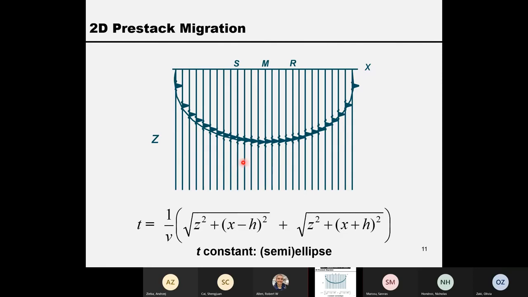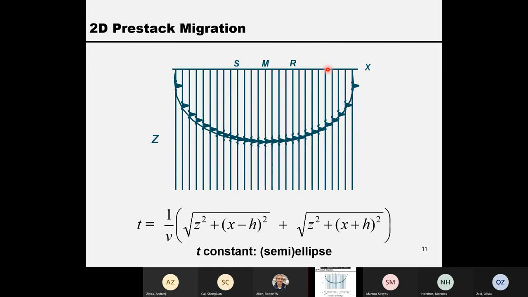So we're talking about if source receiver on that profile, source receiver offset is constant. We call it constant offset profile. For this midpoint, source here, receiver here, right?